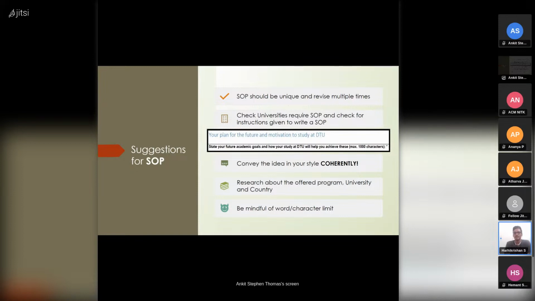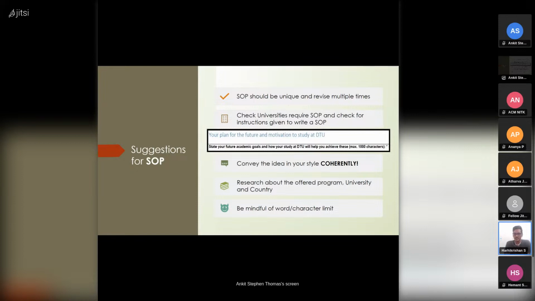If you take Germany, they didn't ask for an SOP, but the universities in other countries like Sweden or the US will be asking for an SOP. So you have to do some research before you start your application process for that university, and check the instructions given to write an SOP.